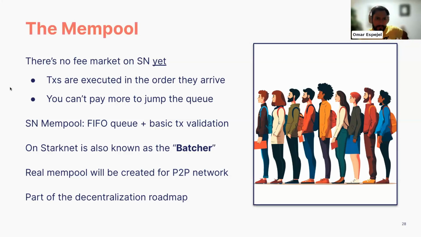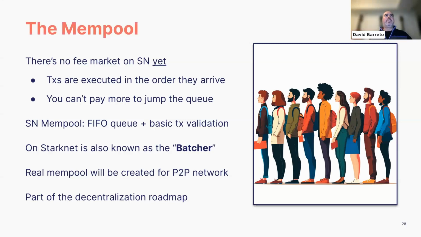Correct me if I'm wrong, but I think that no layer 2 has a fee market yet. I don't know if none of them, but most of them have the same idea that as soon as the transaction arrives, that's when finality counts.